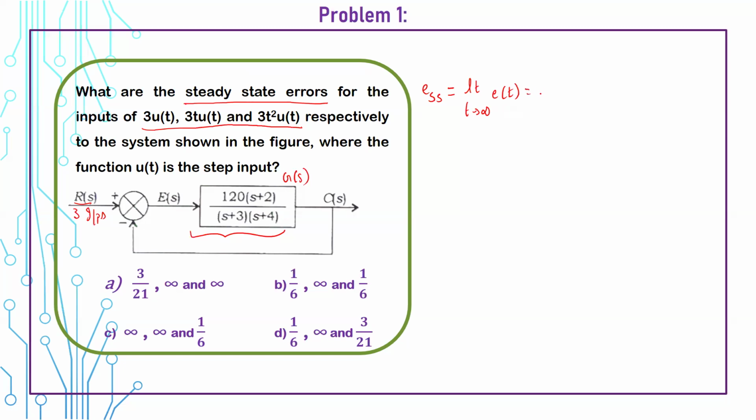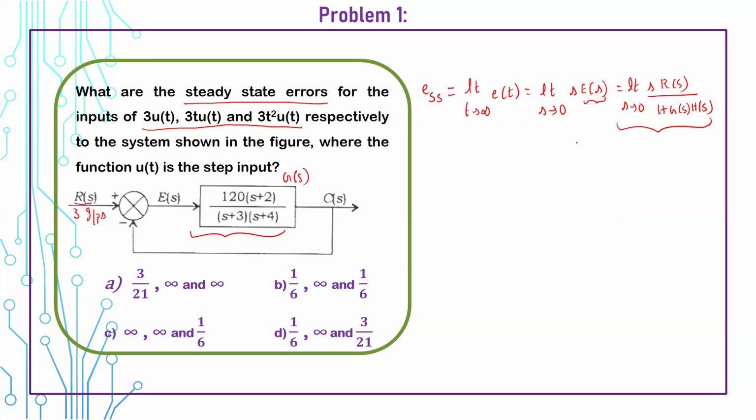In the s domain, we can write this as limit s tends to 0, s into E(s), where this error signal in the s domain can be written as limit s tends to 0, s into R(s) by 1 plus G(s)H(s). So this is the common formulation to find the steady state error value.